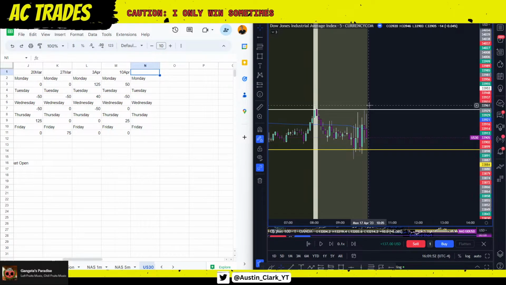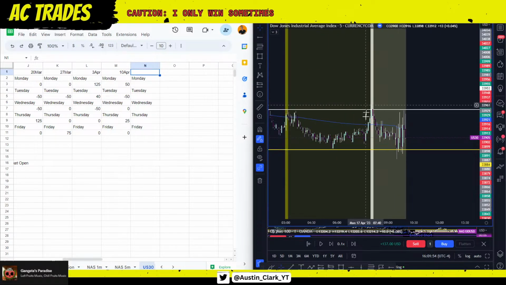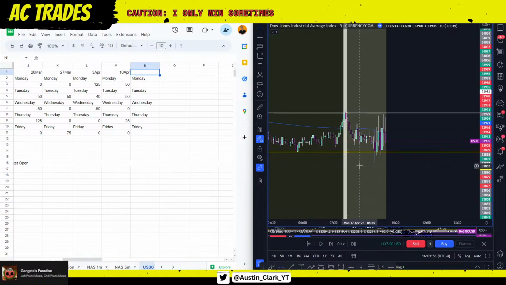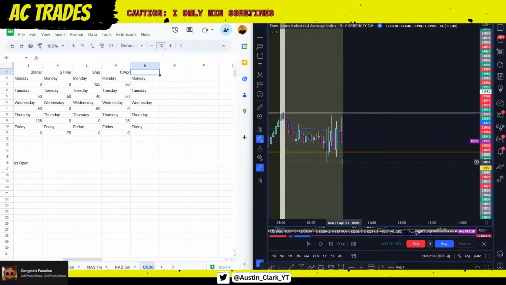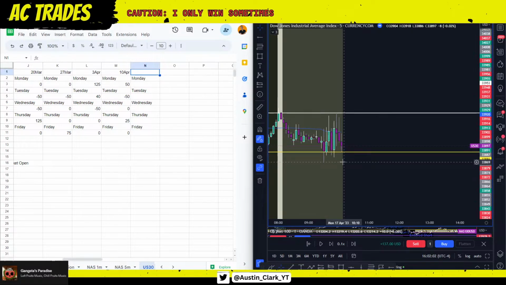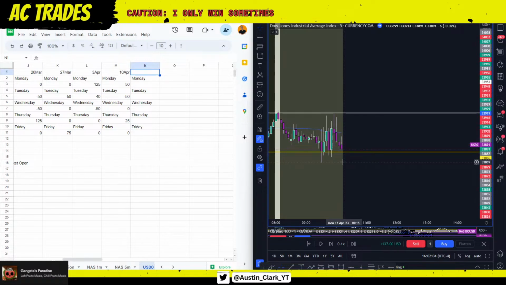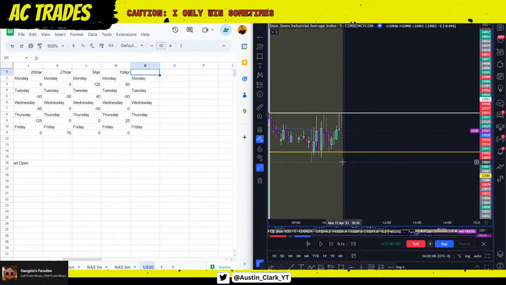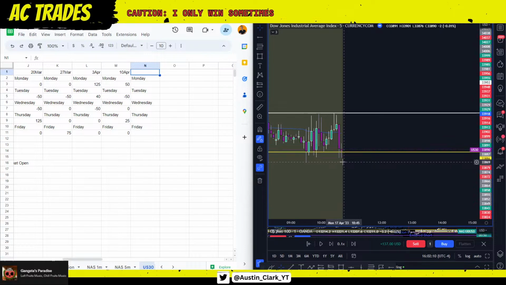So let's see if this is the same way here. Lows right there. I like to be pretty accurate. Let's see, is this going to be a winning day? Nope. Didn't close yet. Don't like that candle.